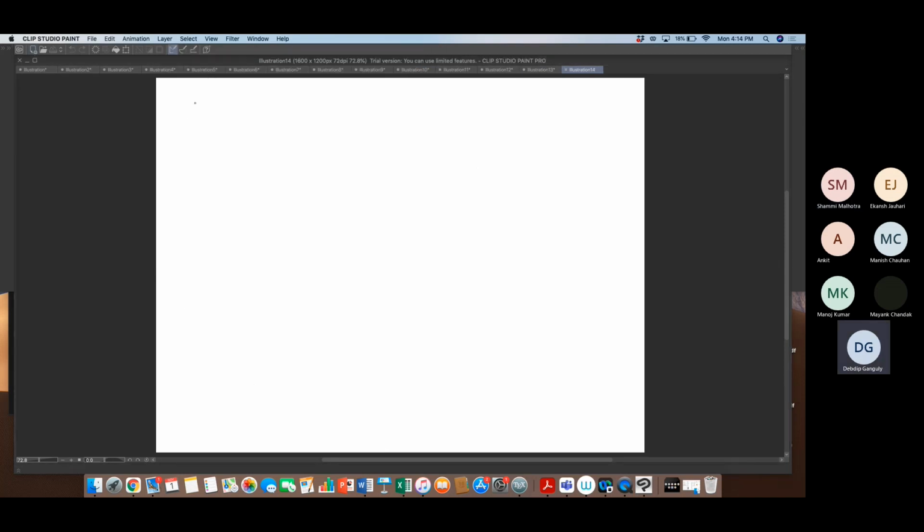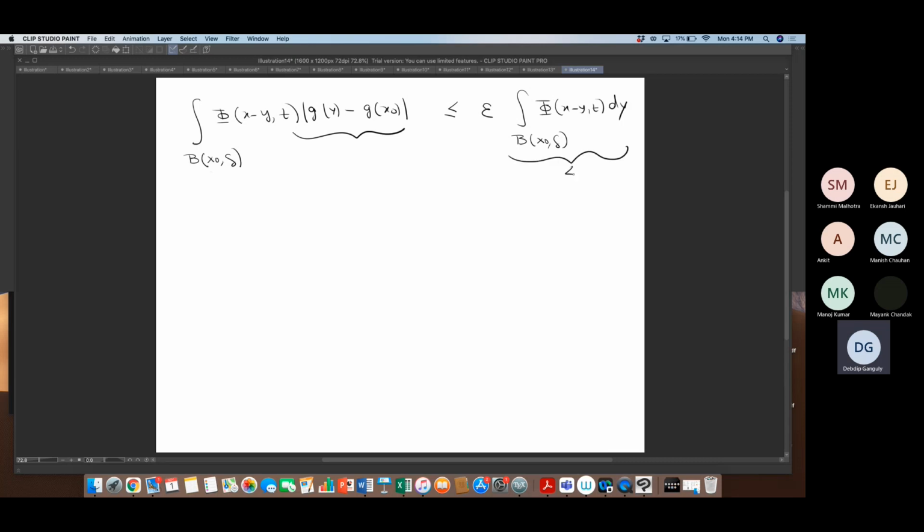Okay. So how to bound this one? Phi(x minus y, t) times the modulus of g(y) minus g(x naught). Y is close to x naught, that means the modulus of g(y) minus g(x naught) is less than epsilon. So it is less than epsilon times the integral over B(x naught, delta) of phi(x minus y, t) dy. This is less than or equal to 1 because the whole integral is 1. Phi is a positive function, so it will be less than or equal to 1.